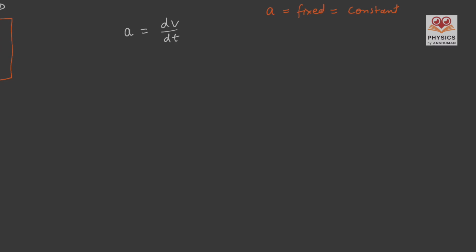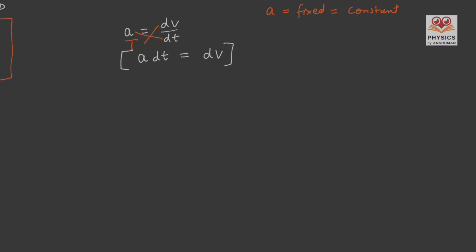Now if we do the cross multiplication, then what do we get? It is a multiplied by dt is equal to dv. So it is simple cross multiplication. Finally we reach this equality.